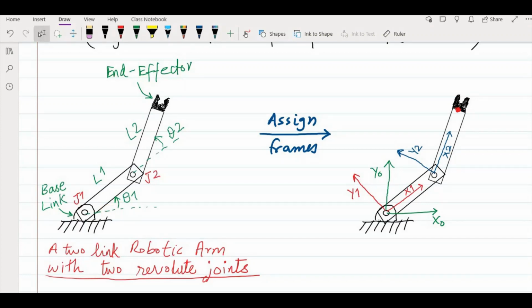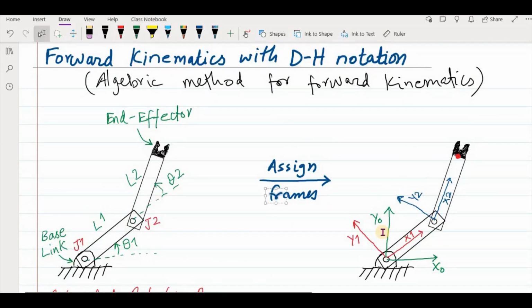So what we do here, we start with the reference axis, and then according to the DH convention or DH notation, we attach another frame with joint 1, this red color. This is frame 1 with x1 and y1, and the z-axis of this frame is perpendicular to x1 and y1, so it's coming out of this page or screen.